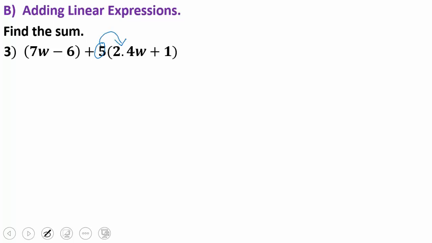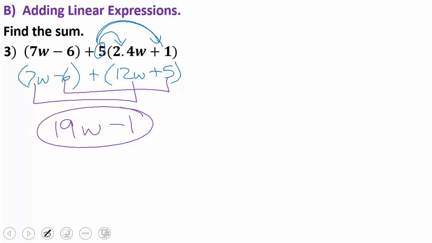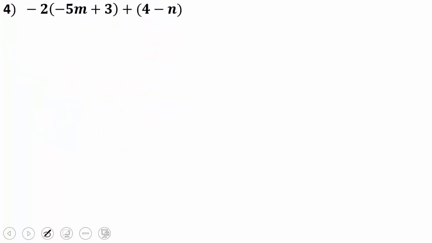And so we do the distributive property, and we say 5 times 2.4, that's 12W, and 5 times 1 is 5. And now I'm going to add that to my first one, 7W minus 6. Now I can simply combine like terms, and I can say 7W and 12W is 19W, and a negative 6 and a positive 5 is negative 1. I'm only going to do it horizontally. I'm not going to do it both ways.